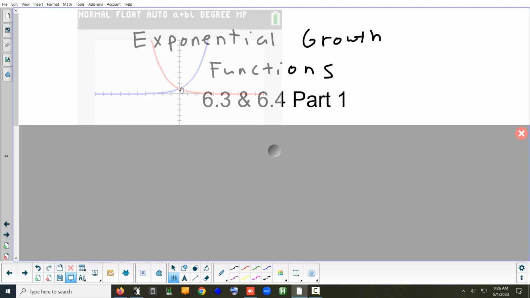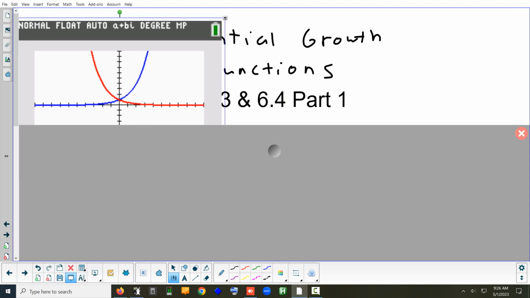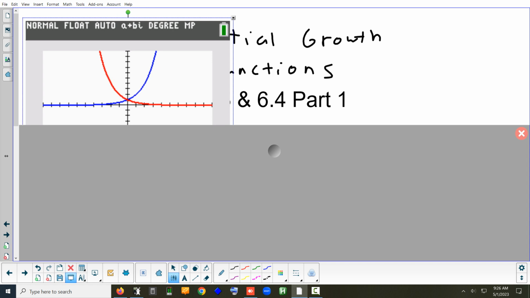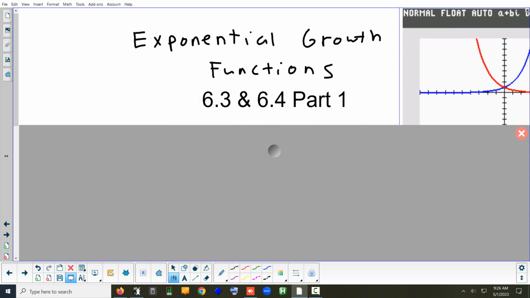One of these graphs right here is an example of what's called exponential growth, because it's curving up as you go to the right. The other one is an example of what we call exponential decay, because it's curving down as you go to the right. So we're going to look at both those kinds of graphs.